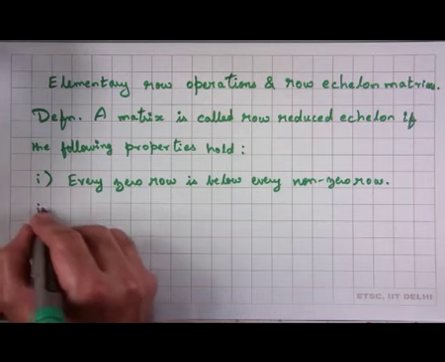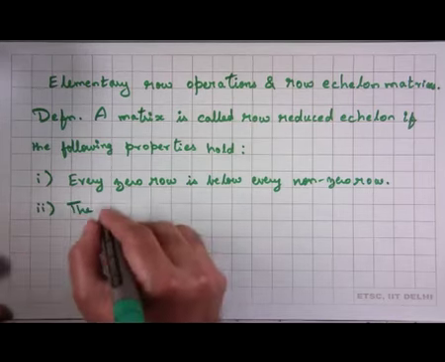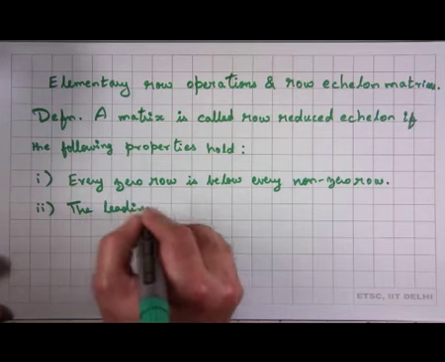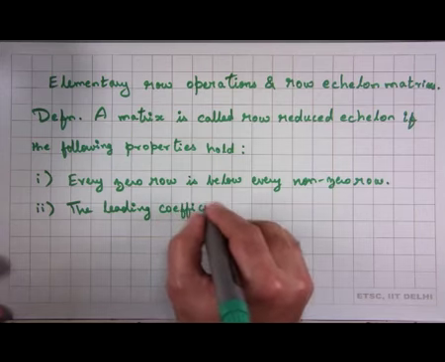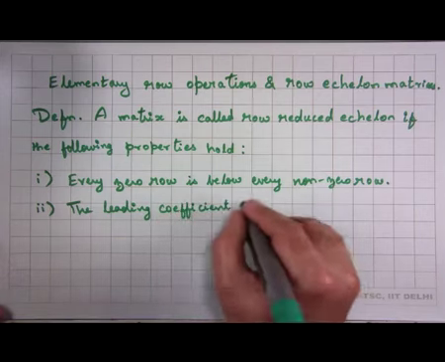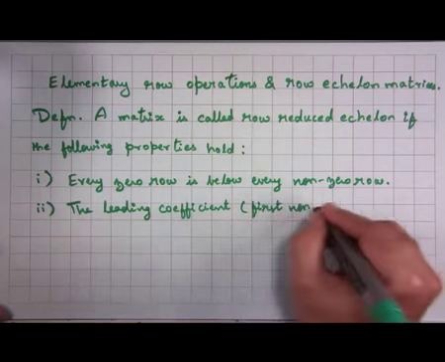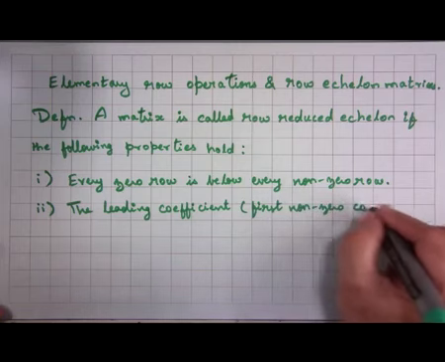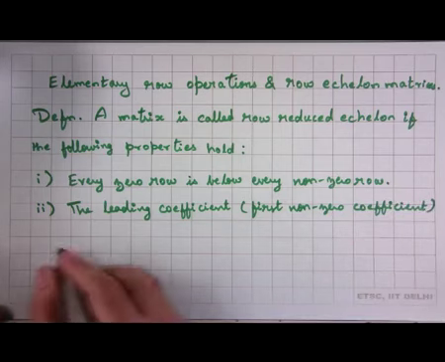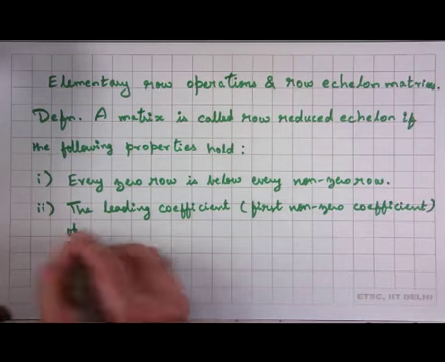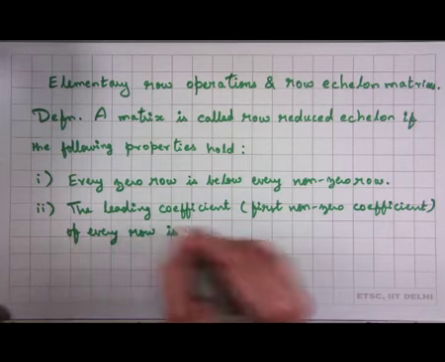Second one, the leading coefficient, what does it mean by a leading coefficient? First non-zero coefficient of every row is 1.